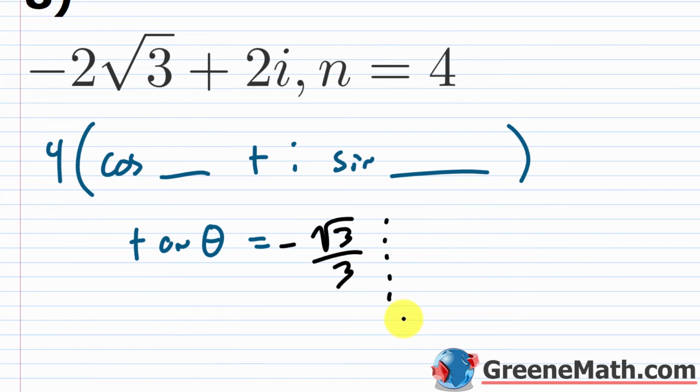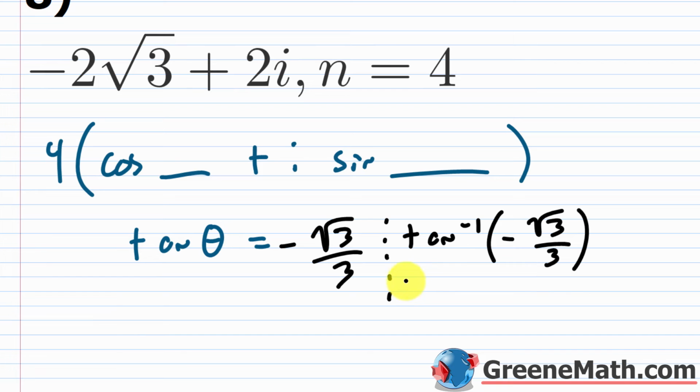So I can, again, think about from the origin, I'm going to the left and I'm going up. So I'm going to be in quadrant 2. However you want to think about this, if you want to go inverse tangent with the negative of the square root of 3 over 3, you're going to get something in quadrant 4 rotating clockwise. So you have to add 180 degrees to that to swing yourself back around into quadrant 2 where you need to be.